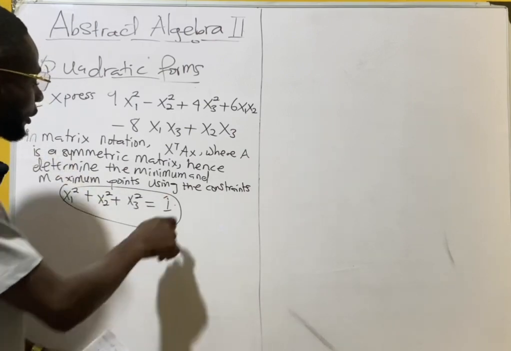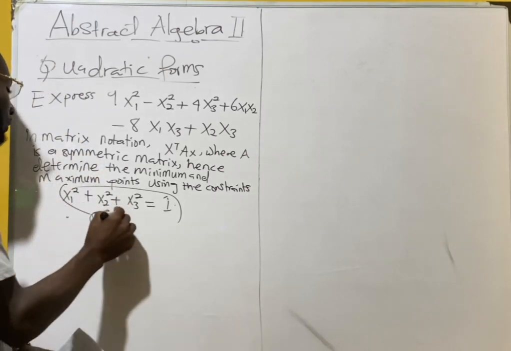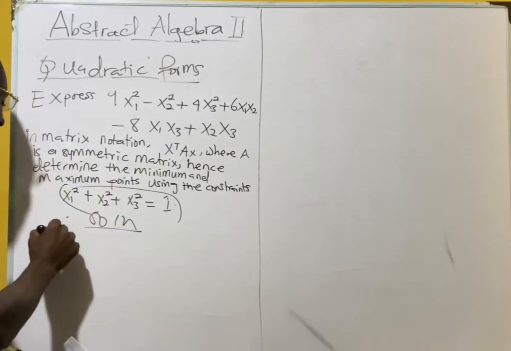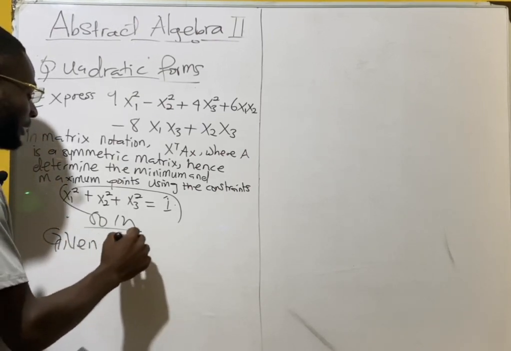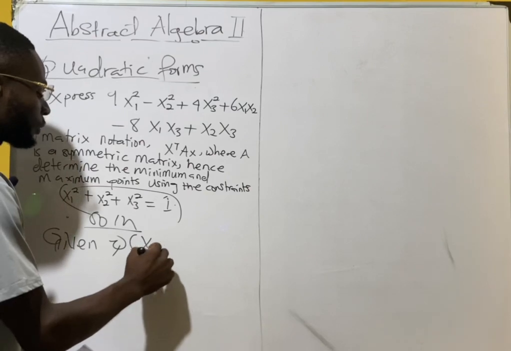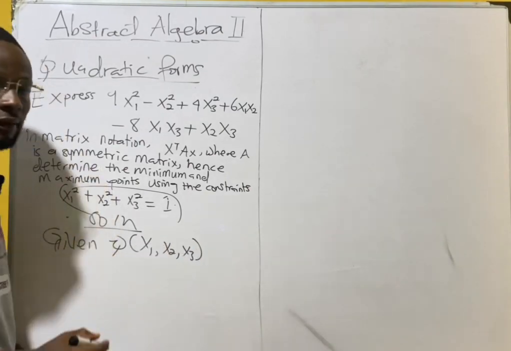So here we know that in the solution, we are given a quadratic form of x1, x2, and x3, right?